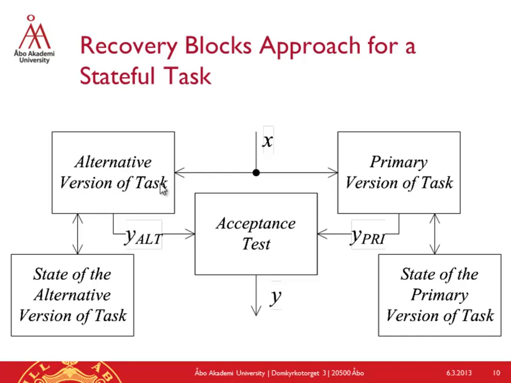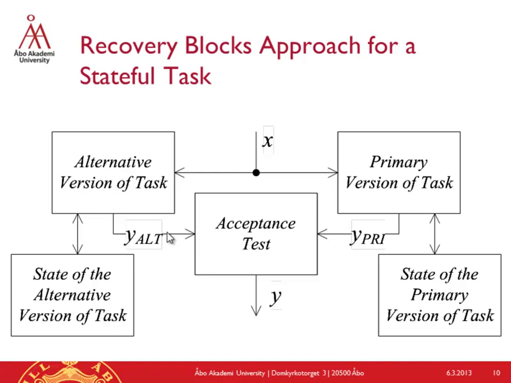The results for both of these versions of the same task with the same input data should pass through the acceptance test. And this acceptance test provides us the so-called assurance that we are going to use just one of these output results, either from the primary task or from the alternate task.